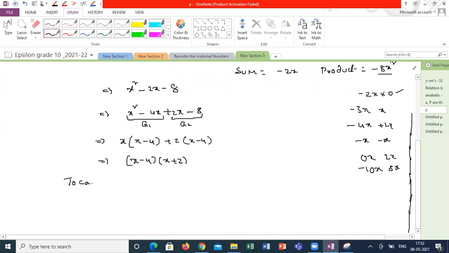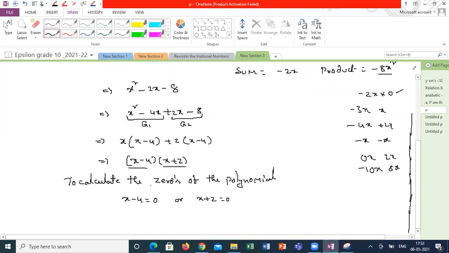To calculate the zeros, x minus 4 should be 0 or x plus 2 should be 0, because the given polynomial I wrote as the product of two linear polynomials. So x is equal to 4 comma minus 2 are the zeros.